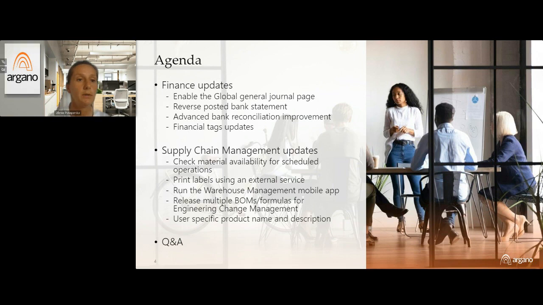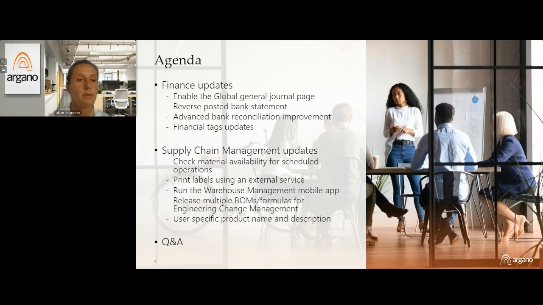The agenda for today will be finance updates. This will include enabling the global general journal page, reverse posted bank statement, advanced bank reconciliation improvement, and financial tax updates. The other part will be supply chain management updates.